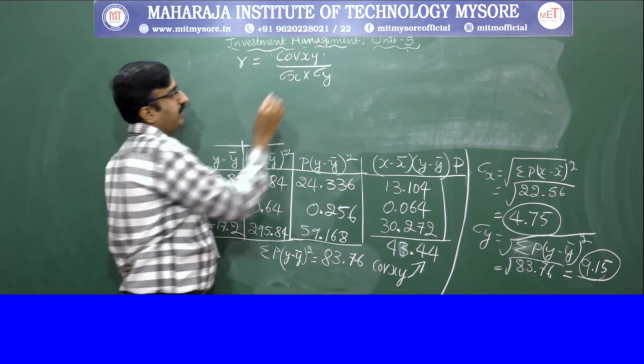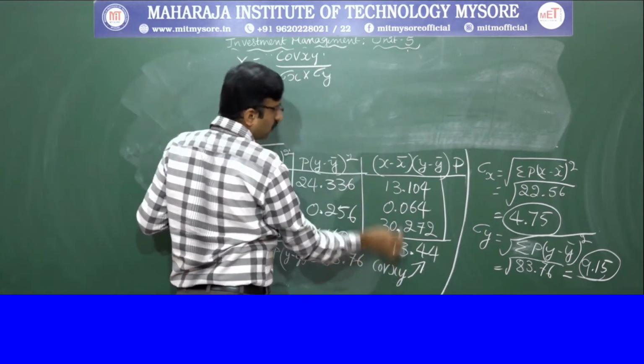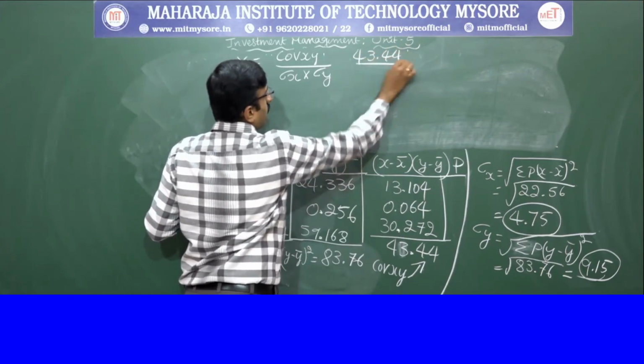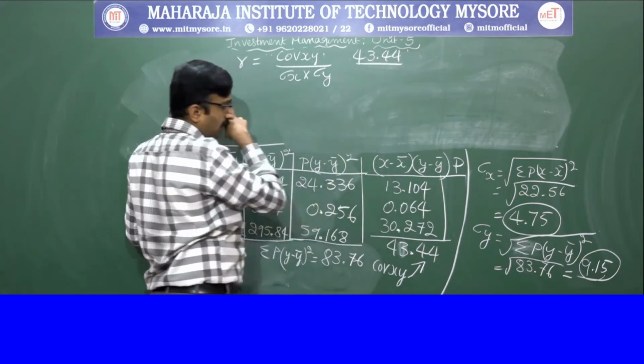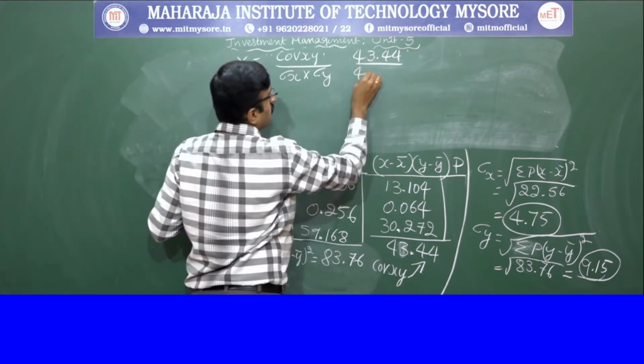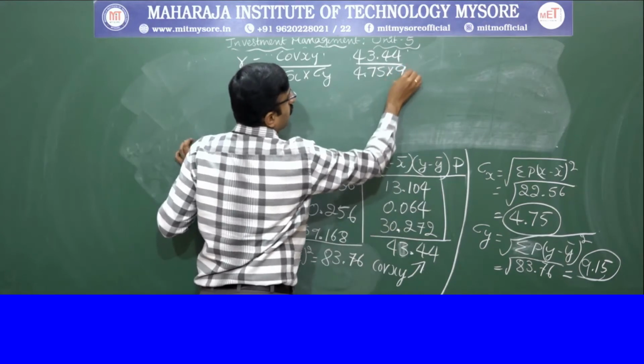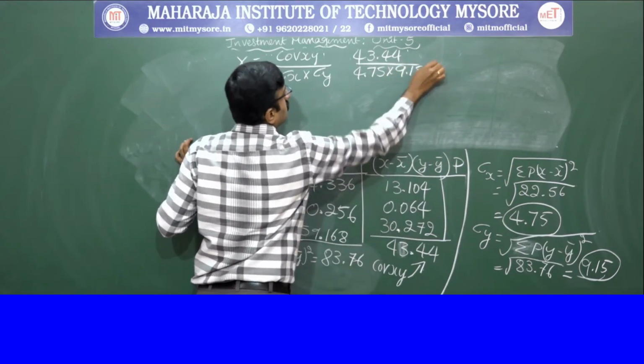Covariance of x, y is 43.44 divided by standard deviation of x, 4.75, into y, 9.15.